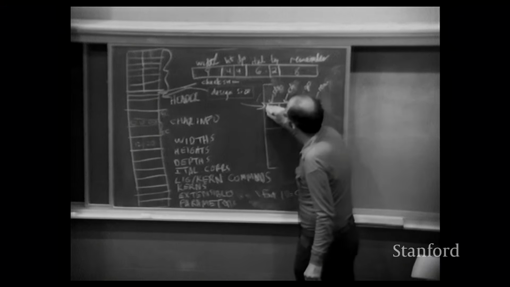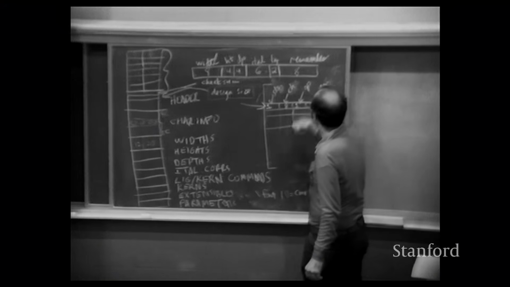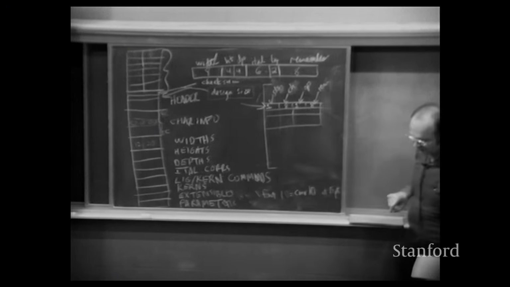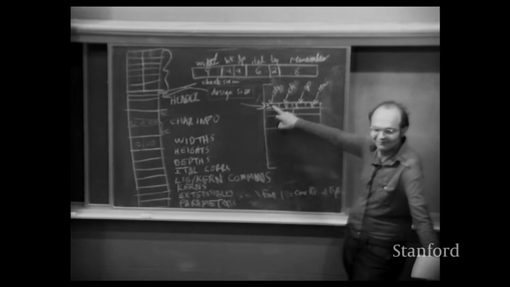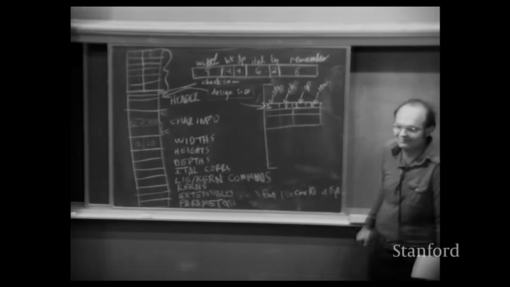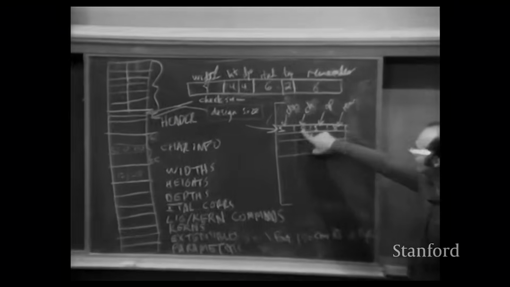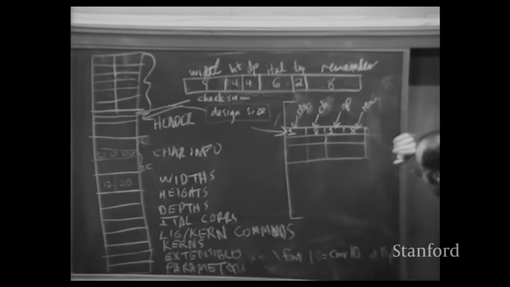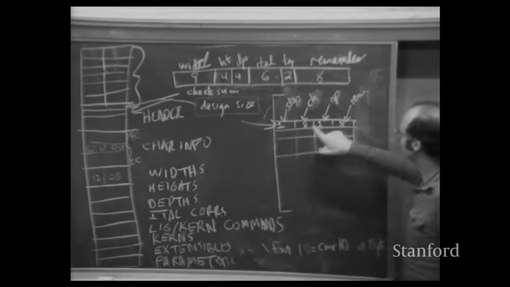Right now we're using 1 bit for stop, 1 bit for op, 8 bits for character, and 8 bits for remainder. So people like Pierre MacKay have been eyeing these extra 14 bits with great interest, because they want to do things for Arabic and other languages where they would like to go beyond the 256 character limit. Right now we're just using the high order bit in the stop byte and the op byte.